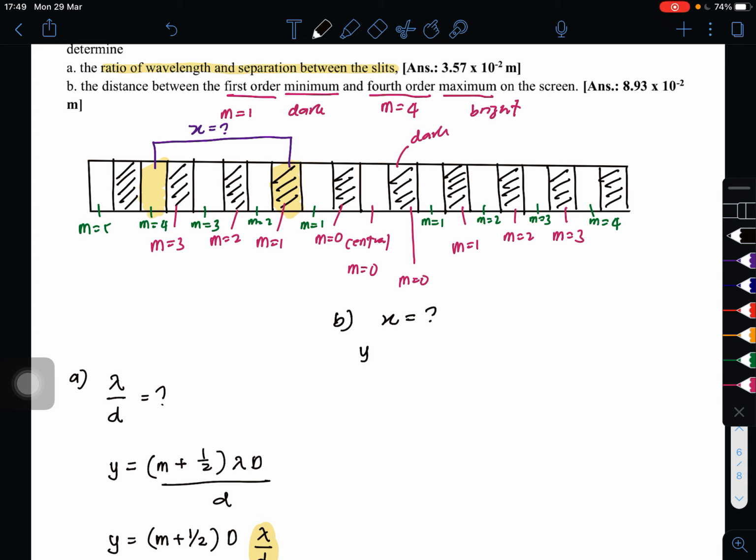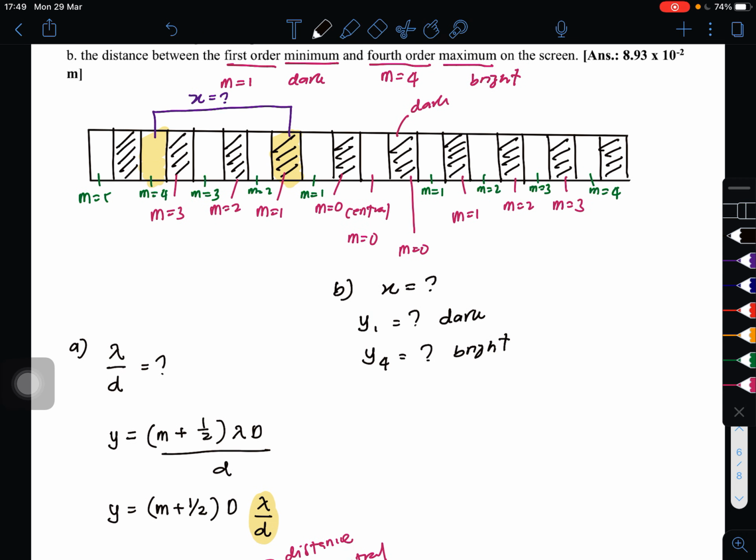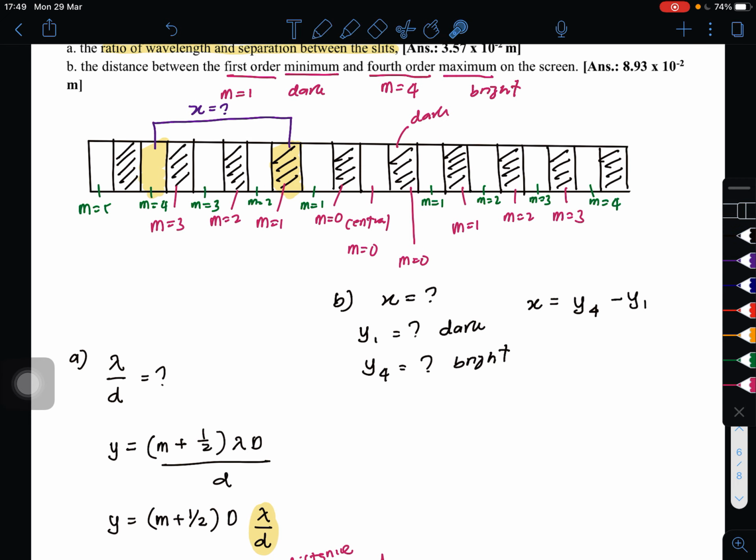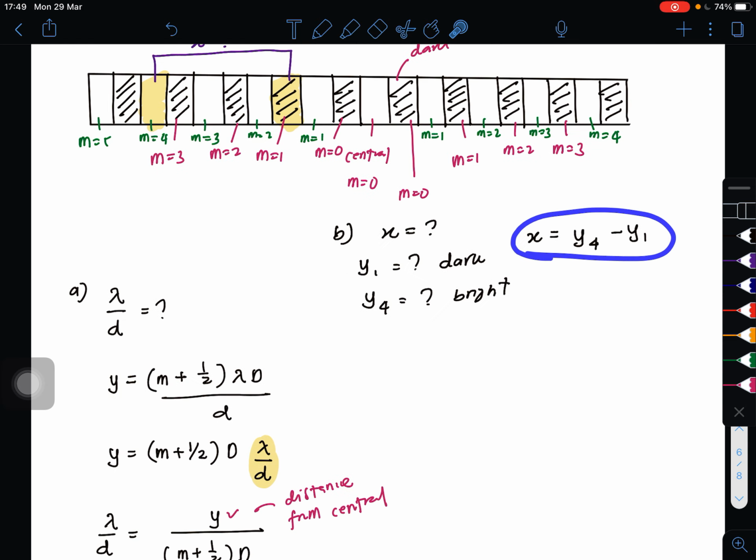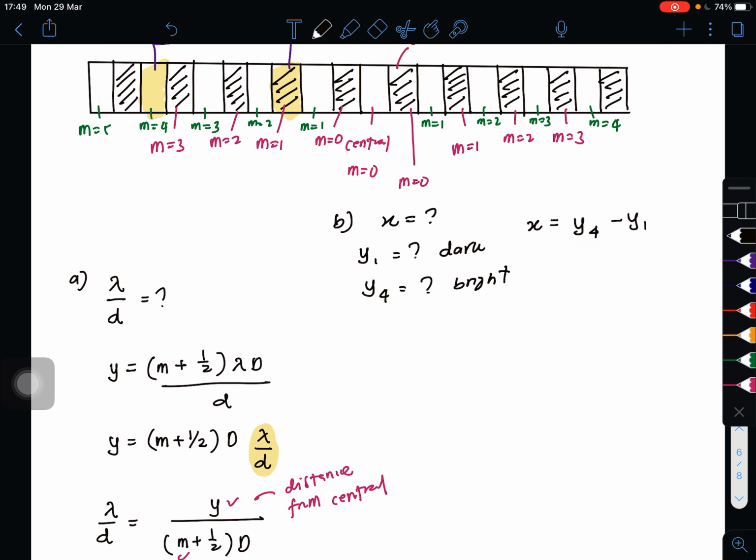Okay, kita cari dahulu Y1 for the dark. And then Y4 for the bright. And then since dia adalah mau distance kan, maksudnya X ni adalah sama dengan Y4 minus Y1. Okay, Y4 minus Y1. So boleh kalau mau cari satu ataupun kita terus sajalah buat X is equal to Y4 minus Y1, di mana Y4 ni adalah untuk bright kan.